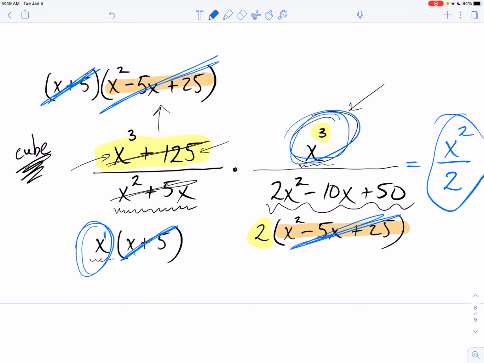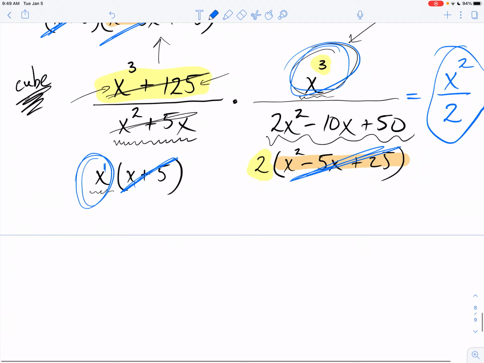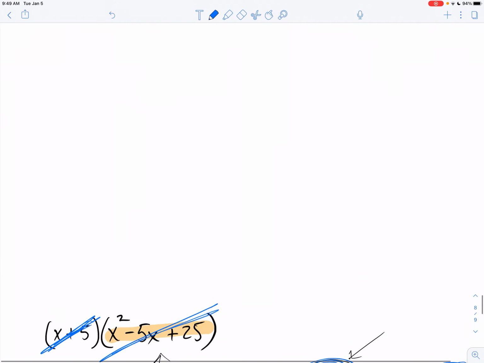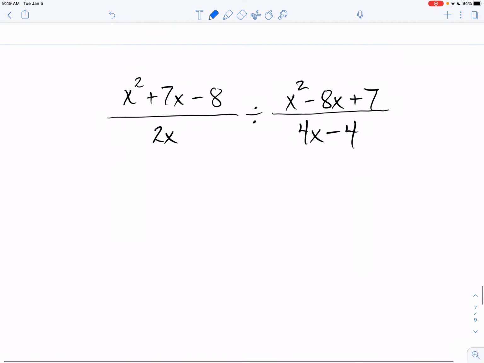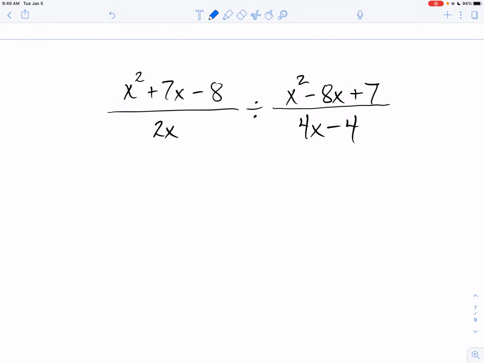When you multiply or divide, you get the same type of vibe from these things. Sorry, I had one more right here. This is the division problem. So I want to make sure that you guys know when you see divide, it's the same trick it was in the 4th grade.